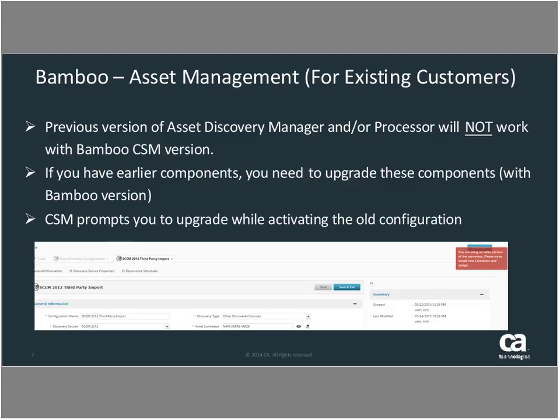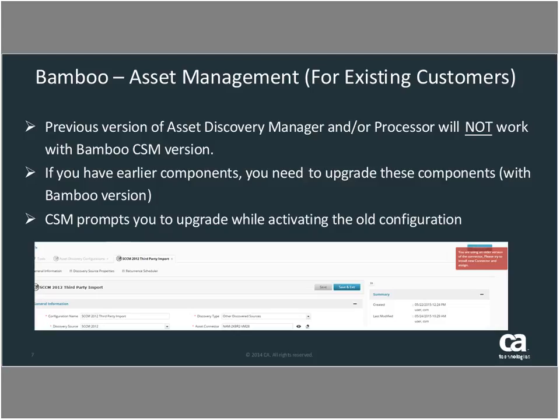We fine-tuned that, giving a small-footprint processor along with the discovery manager as combined. We also support an individual, independent processor connecting to the discovery manager. That combination still works, but the existing ones will not work. So we need to upgrade the asset discovery manager and processor components to the Bamboo version. If you have earlier components, you need to upgrade them. Otherwise, CSM will prompt while activating the old configuration.